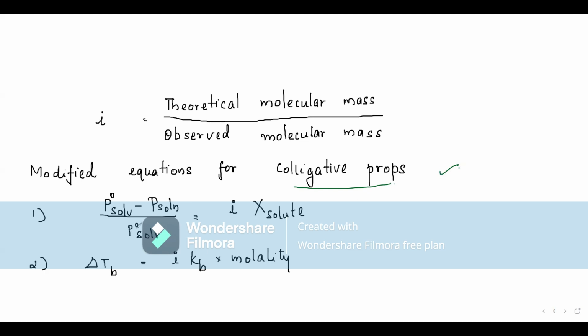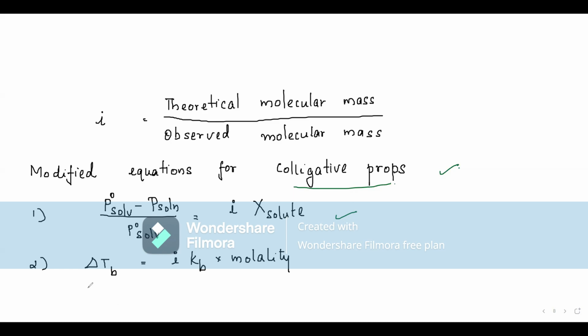So the first one, with the relative lowering of vapor pressure, previously what we have learned is relative lowering of vapor pressure is equal to mole fraction of solute. The modified one is relative lowering is equal to I, Van Hoff factor, into mole fraction of solute.